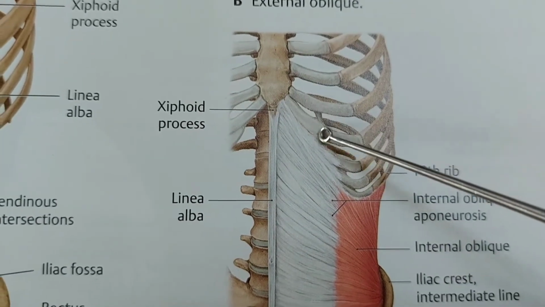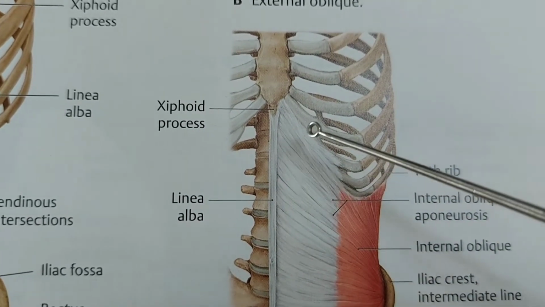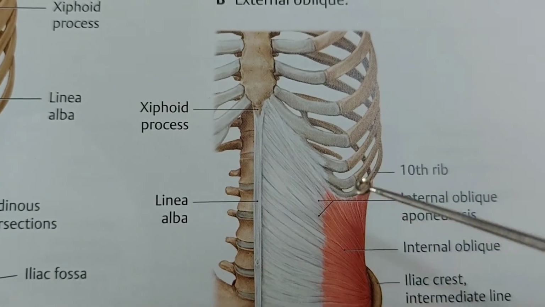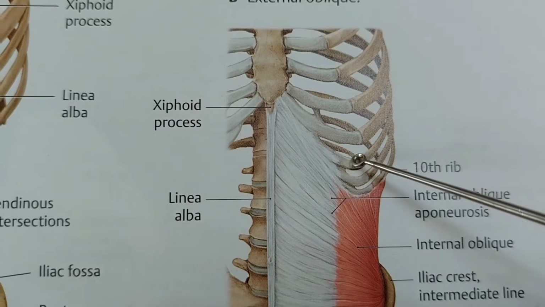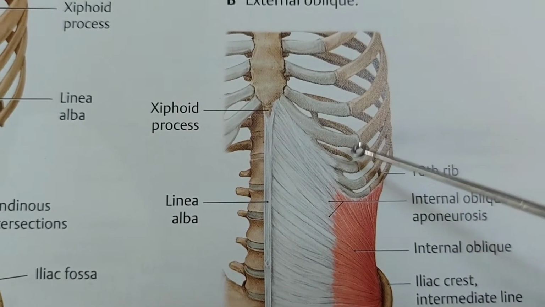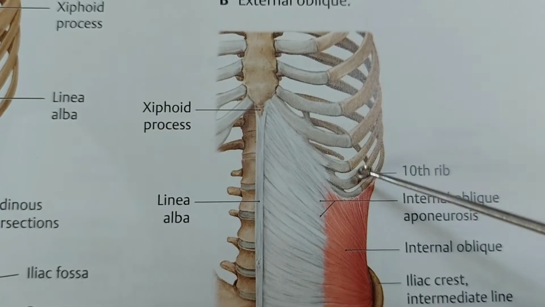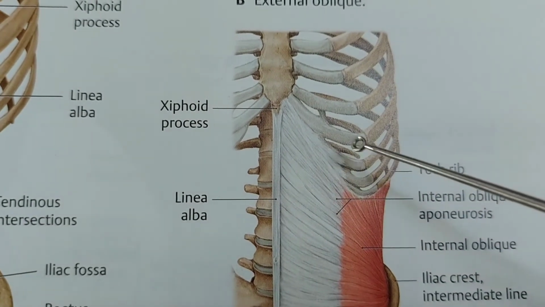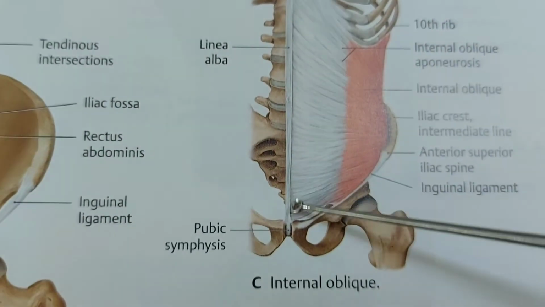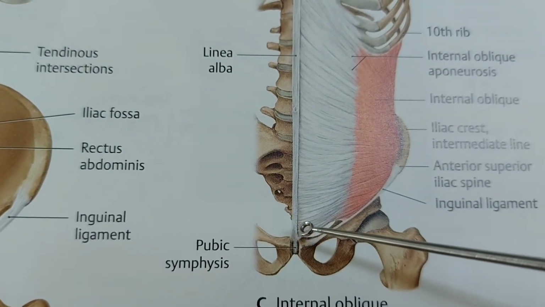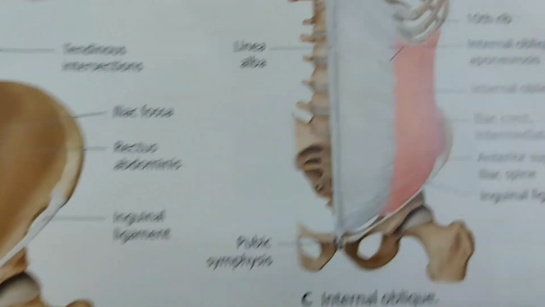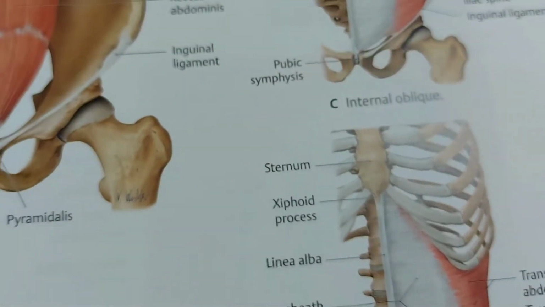In this part of the costal margin, the internal oblique muscle is inserted, and some fibers of the internal oblique muscle are also inserted in these ribs, 9th, 10th, and 11th. So the insertion of the internal oblique muscle is in the lower ribs, xiphoid process, linea alba, and pubic crest.